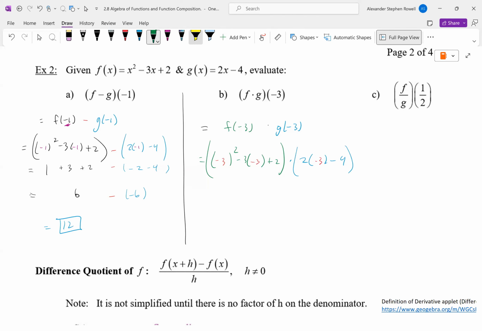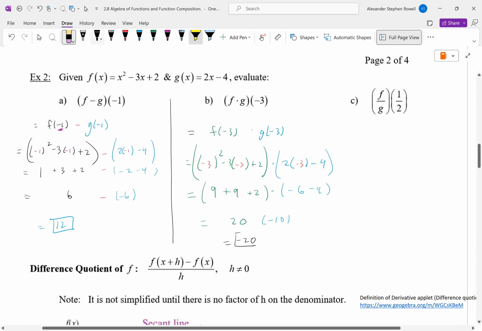All right, so in green, -3 in parentheses squared is 9. -3 times -3 is 9. So we get 20 times 2 times -3 is -6 minus 4, -10, and our final answer is -20. I don't know. Is it? I think you're right. Thank you. Yes, -200 is the answer.